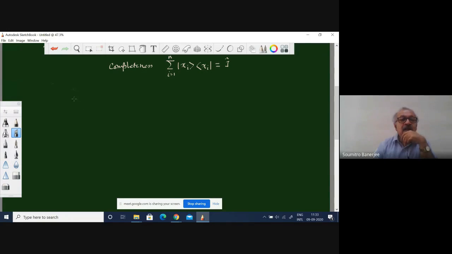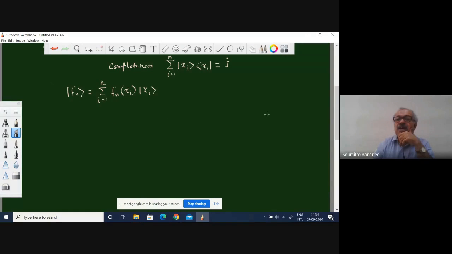The function f will be written as the sum over i equal to 1 to n of f evaluated at xi times the basis vector xi. Okay, this is how we are expressing the function as a column vector.